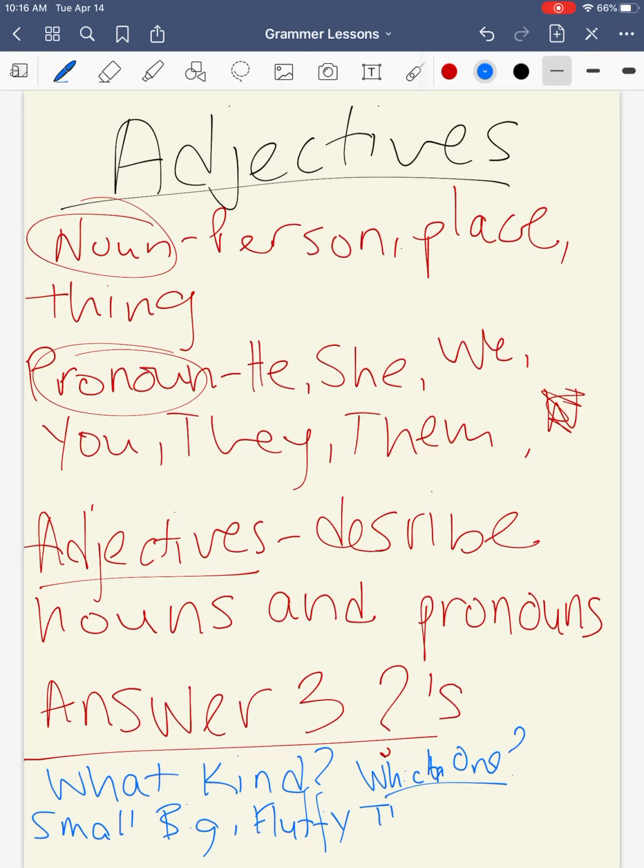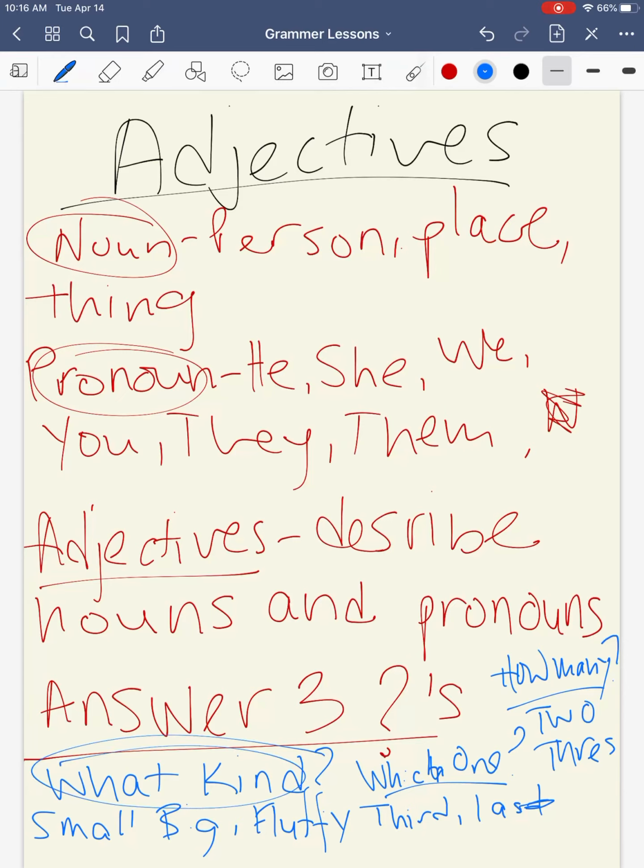Like third, last, and finally, how many? 2, 3, etc. So what kind is small, big, fluffy, hairy, ugly, stinky, cute, pretty, pokey, rough, smooth? Which one?